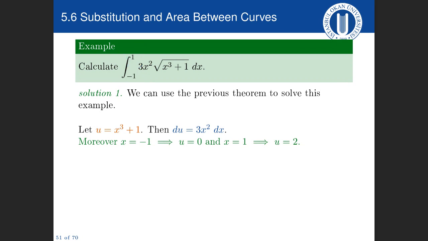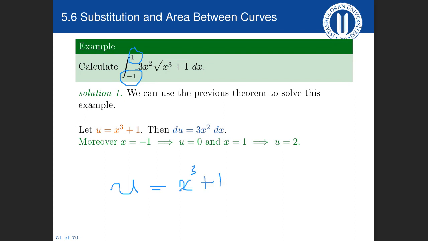Let me repeat this green line. We need to change from x is equal to -1 and x is equal to 1 to u is equal to something. And we use the orange formula: u is equal to x cubed plus 1.